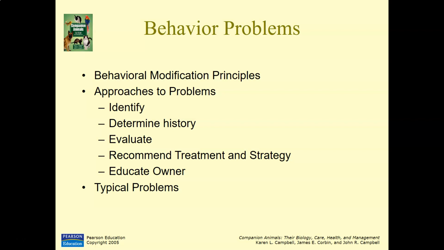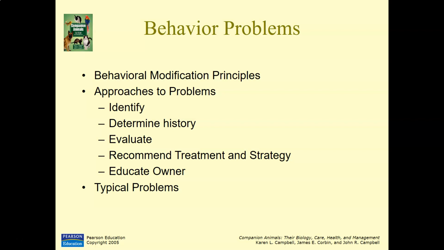So different behavior problems, and addressing these is pretty important. The book outlines it, and it really is like a scientific theory, like you're doing an experiment, right? So identifying the problem, figuring out the history: when did this problem start? What was changing or what was different when the problem started? Let's evaluate it: what's happening?